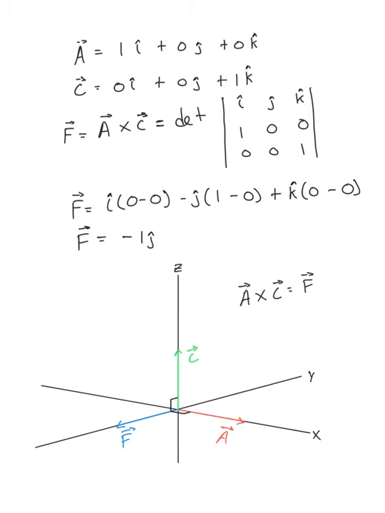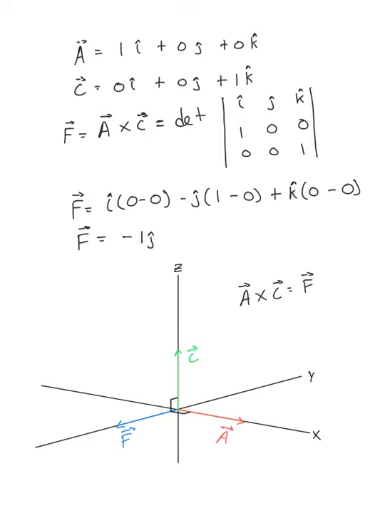As a final example of calculating the cross product, let's look at one of the first examples that we did when we were learning how to use the right-hand rule to find the direction of a cross product. So we have a vector A, which points only in the x direction, and a vector C that points only in the z direction. And we can write vector A as 1 i hat plus 0 j hat plus 0 k hat.